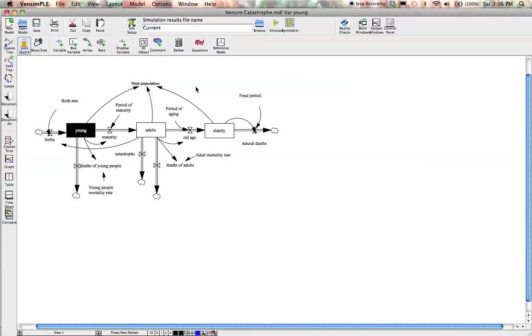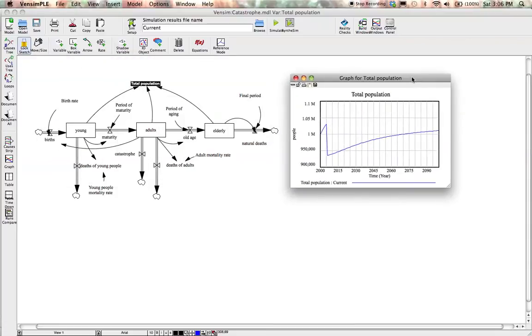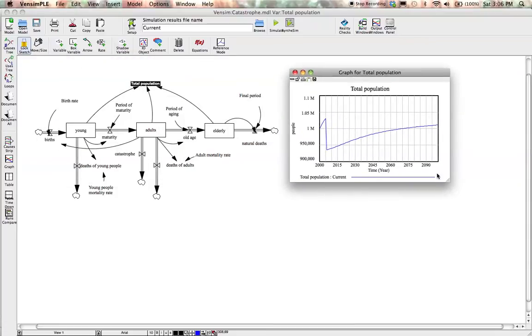And if you look at the total population graph, so now this is the total, the young plus the adult plus the elderly, you can see that the population as a whole does tend to recover. It grows at the beginning of the first 5 years, and it takes the catastrophic hit, and then it starts growing.